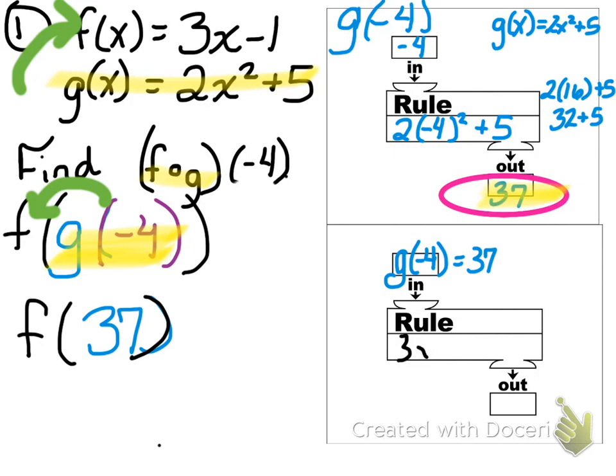3 times what we're plugging in, minus 1. The number we're plugging in is 37.